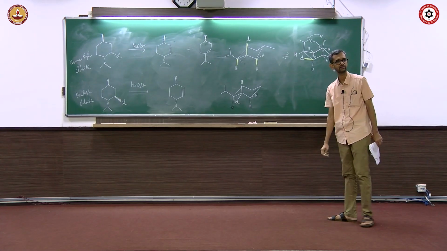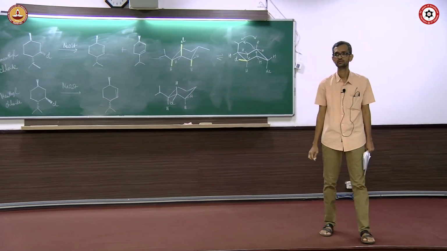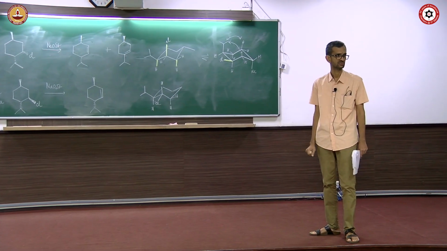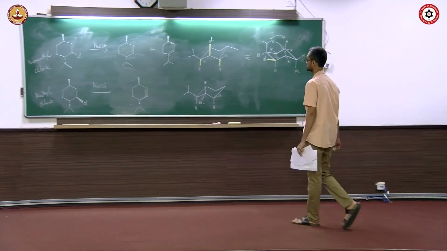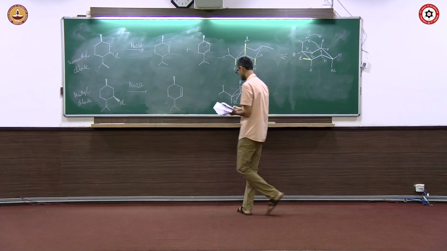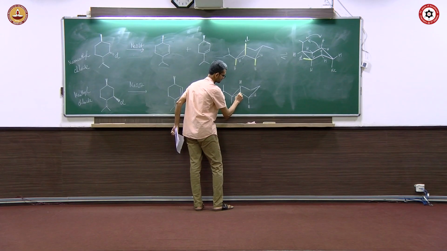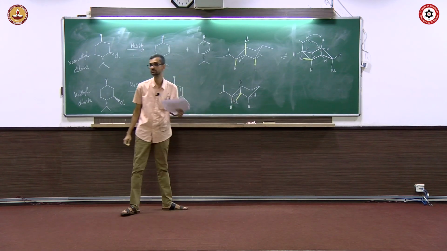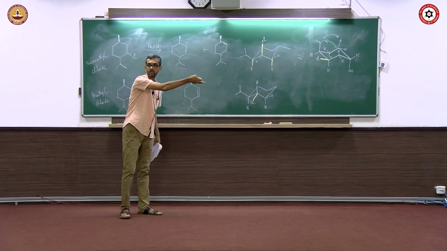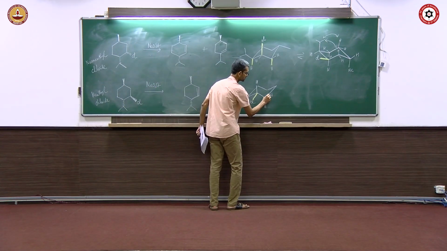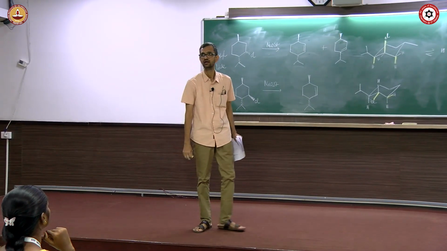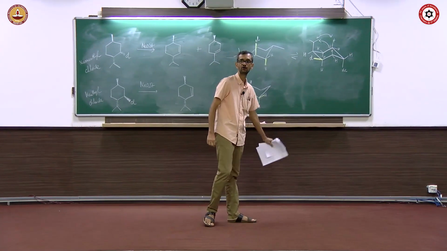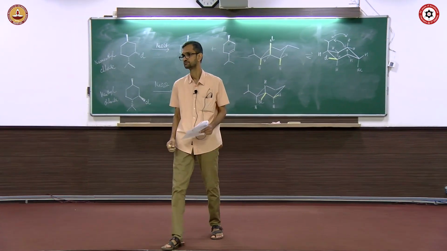Now you identify what the antiperiplanar hydrogen is for this. This is a leaving group, right? What is that one? It is the one equatorial on the other side. So you can have only one product possibility. You understand?